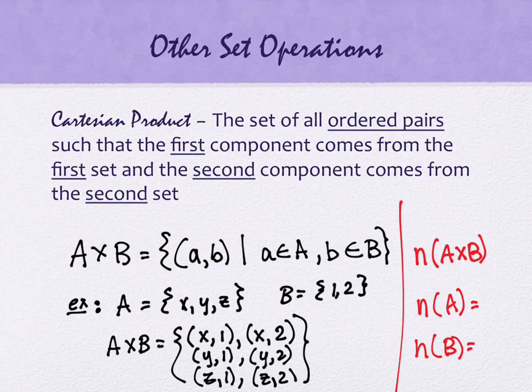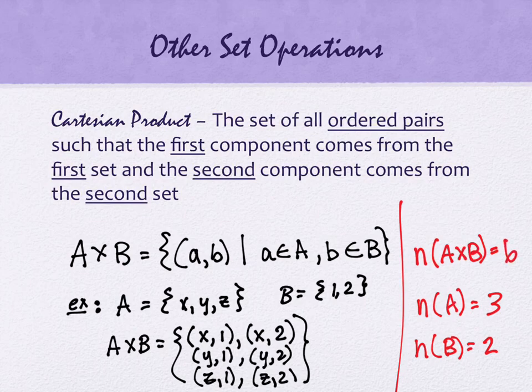How many items are in A? How many elements? 3. It's X, Y, and Z. How many elements are in B? 2. It's the numbers 1 and 2. How many elements are in the Cartesian product? 6. There are 6 ordered pairs, right?